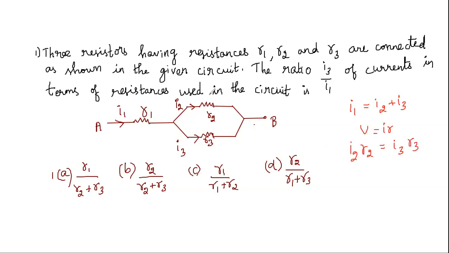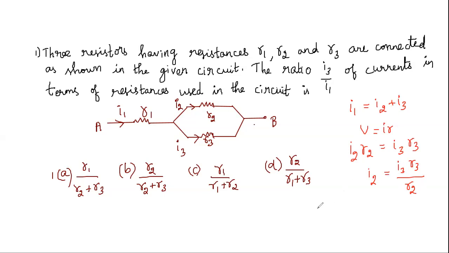Across these two branches, the potential difference is the same. So I2 R2 equal to I3 into R3. And I2 is nothing but I3 R3 divided by R2. This is I2.